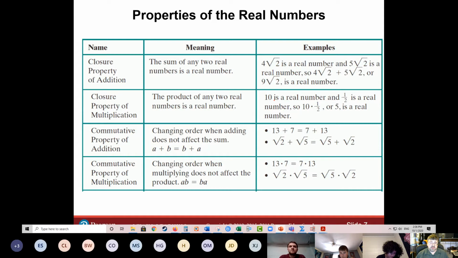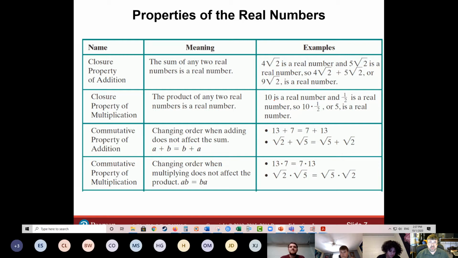For the commutative property, think about commute as the root word, and think about a commute, a drive somewhere. If you have a commute to work of, say, 10 miles, it's the same distance when you leave home to go to work as it is from when you leave work to go home.